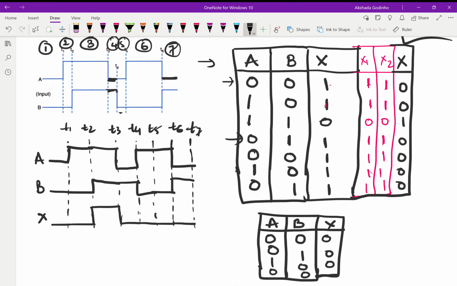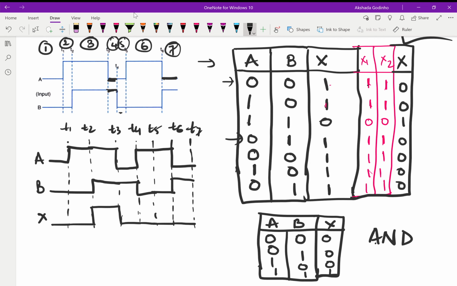And last is 1 and 1. Sorry, I made a mistake here, this is supposed to be 1 and 1. Output is 1. Yes. So which gate is this? Where the value of 1 and 1 is 1 and the rest everything is 0? Yes, you're absolutely right. It is the AND gate.